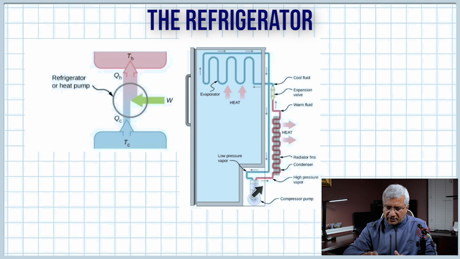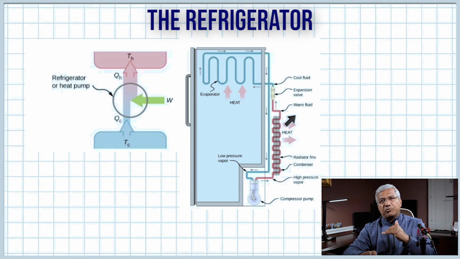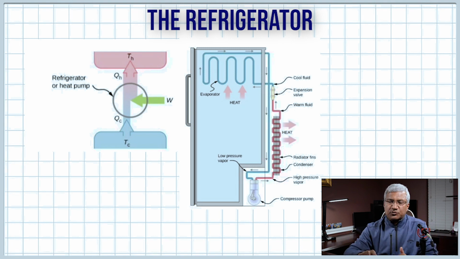And it's hot now, that's why it's red in color, and the heat of compression is given out into the room when Freon passes through the radiator fins. That's what this is called, the radiator fins.